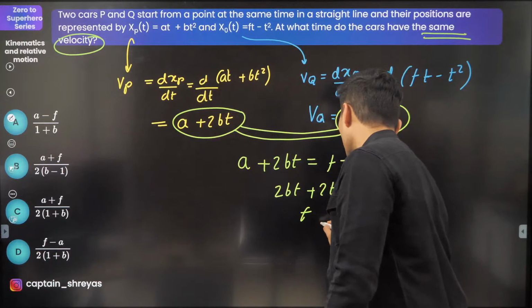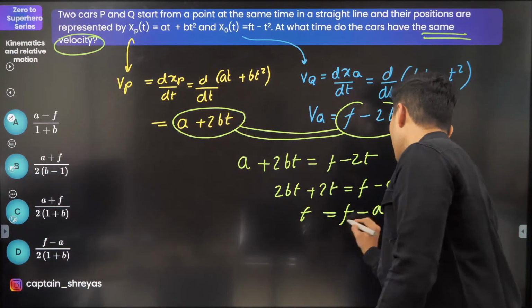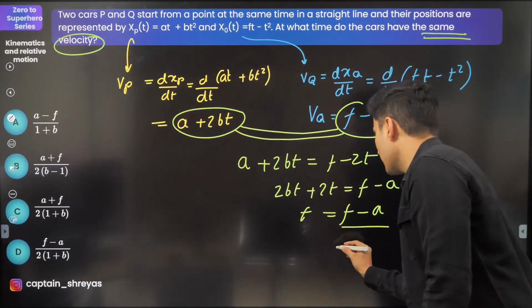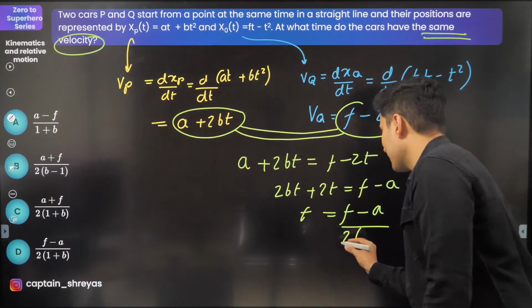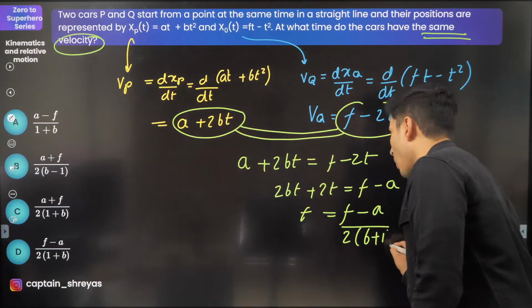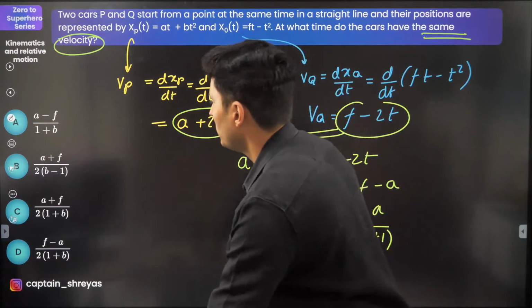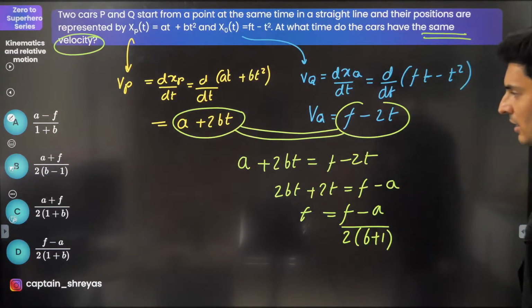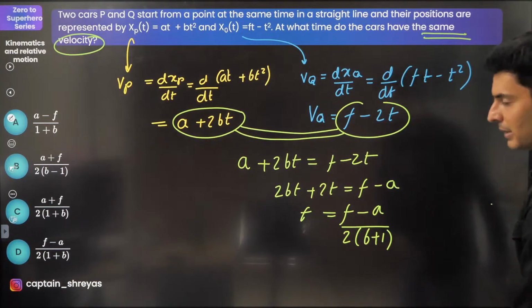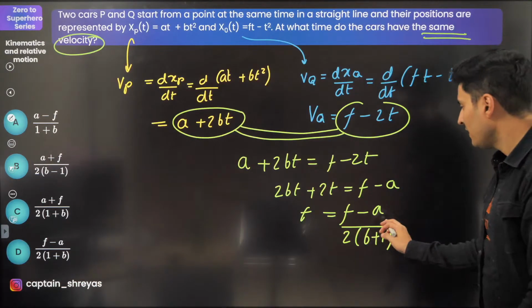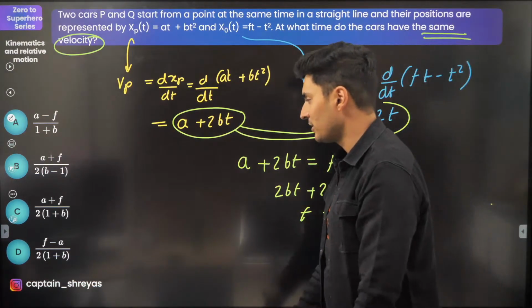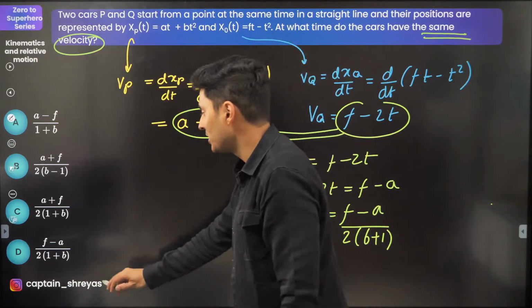Time is common. So t is f minus a divided by 2 into b plus 1. Do I have such an option? I think so, guys. Option D, yes. F minus a upon 2 into b plus 1, or 1 plus b, one and the same thing. Yes, option D it is.